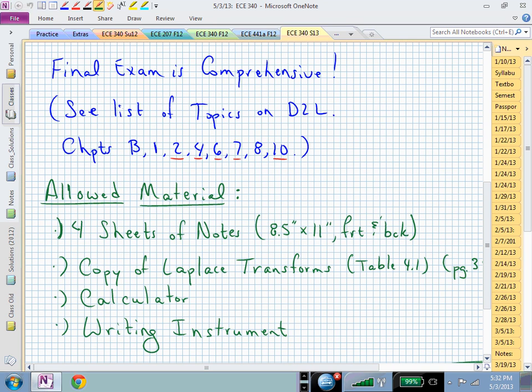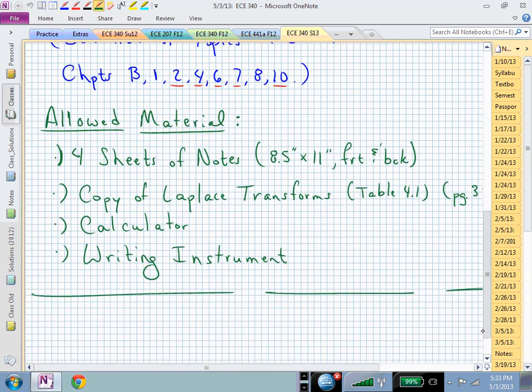All the other is pretty much the analog material, with chapter 2 being how you classify signals and systems. 4 is Laplace transforms. 6 is Fourier series, and 7 is Fourier transforms. That's how the chapters are grouped.